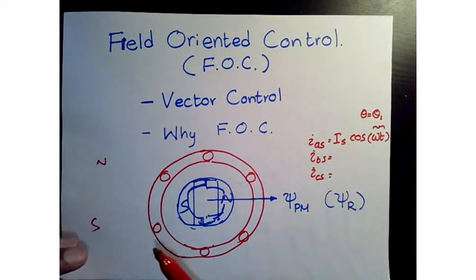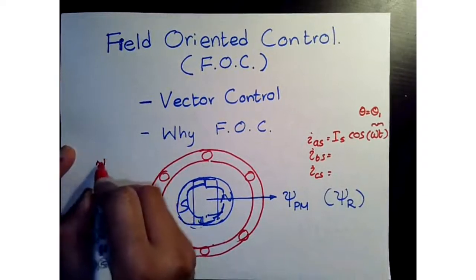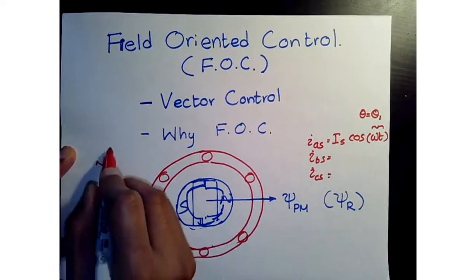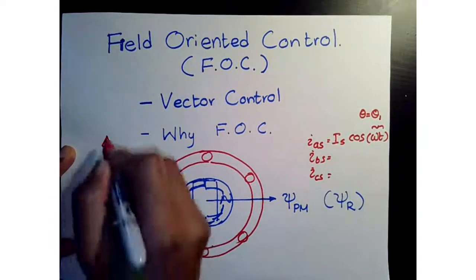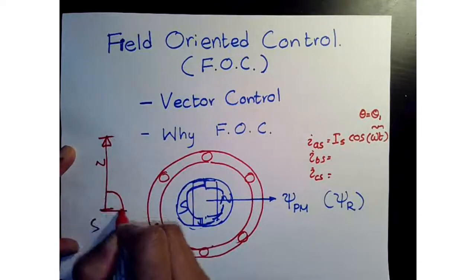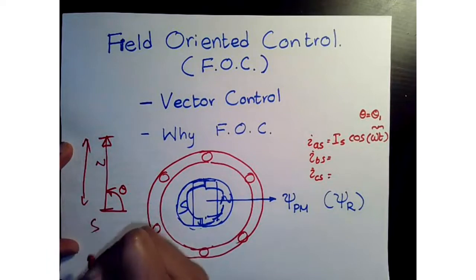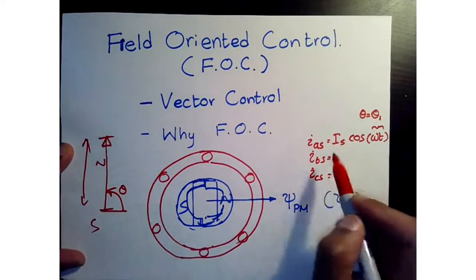Okay. Now we have two things, right? When we look at a vector, if I draw the vector like this, for a vector you have two things: you have an angle and you have an amplitude. Now, how do we control the amplitude?